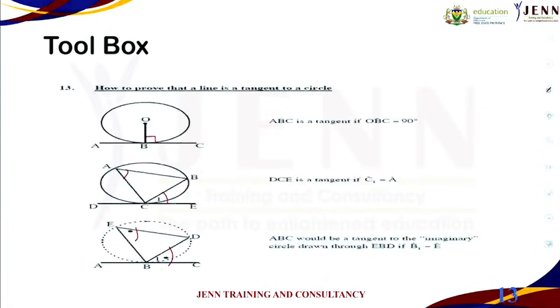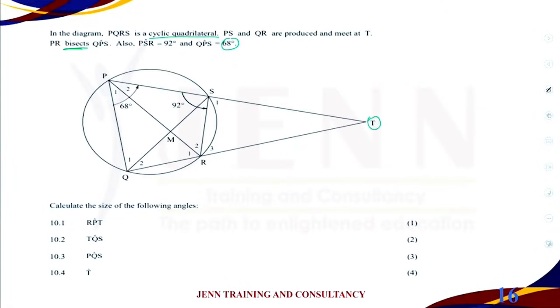So in this case as well, it will definitely mean the same thing, because they are saying this line PR bisects this angle. According to our toolbox, it means that the size of angle P1, I will definitely make a star, angle P1 will equal angle P2.